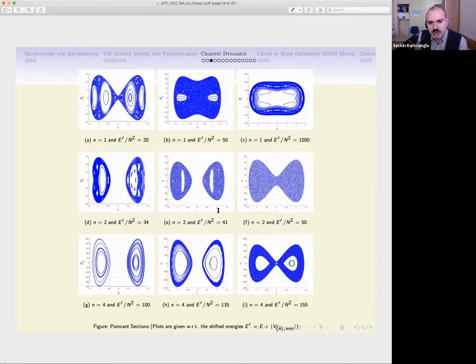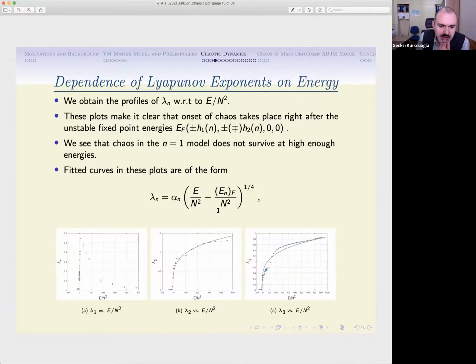So let me not lose too much time on this. Since I'd like to wrap up in a little bit of time, let me tell you about the dependence of the Lyapunov exponents on energy, and then also on temperature, so that we can conclude.